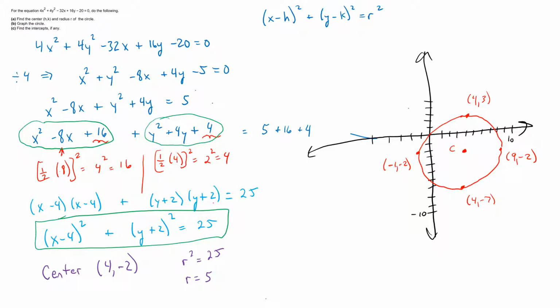To find the intercepts, we have to put zeros in for the variables. I'm going to go to the next slide for the intercepts. Alright, so the equation is 4x squared plus 4y squared minus 32x plus 16y minus 20 equals 0.